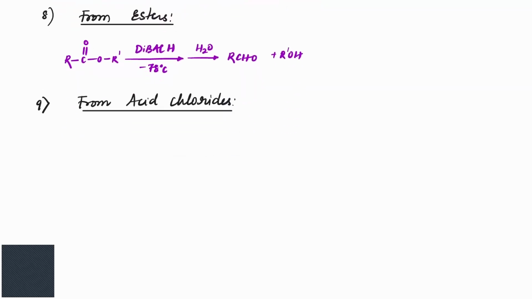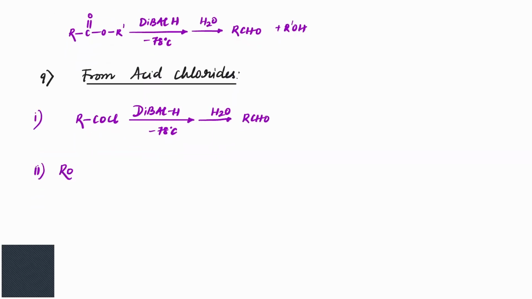And lastly, from acid chlorides, if you take RCOCl, the same DIBAL-H, I have written it before, so I'm writing it again. So when you treat that with DIBAL-H at minus 78 degrees Celsius, followed by H2O, it will convert into RCHO.